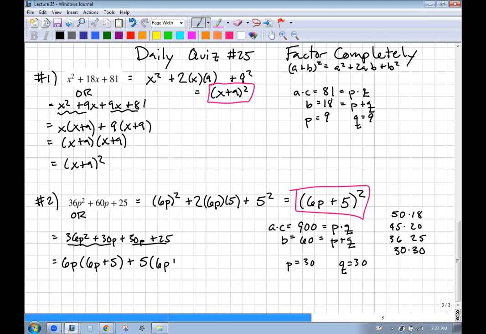It leaves me with a 6p and a 5, right? There's the 30p and the 25. So I have a 6p and a 5, both multiplied by 6p plus 5, which is 6p plus 5 squared. Same thing we got up here, right?